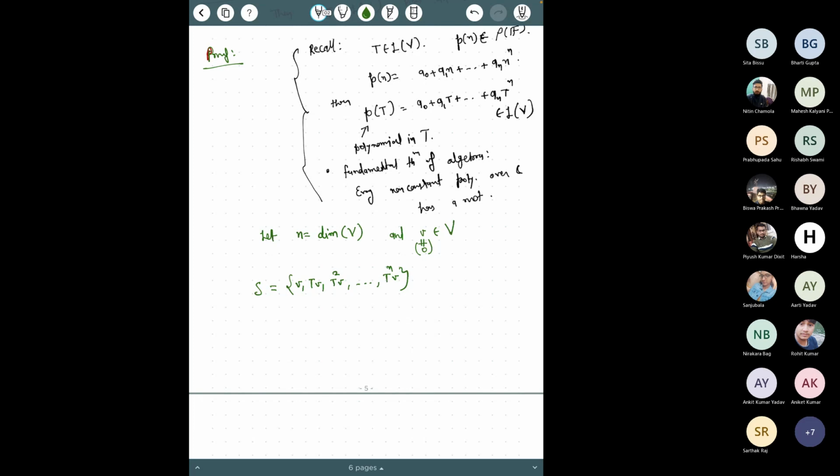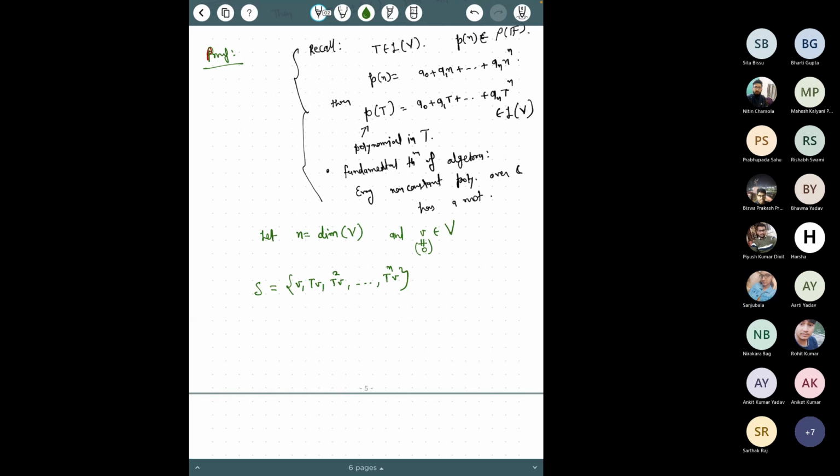T is an operator on V, so this set is a subset of V. Is this set linearly independent or dependent? Look at this set again.